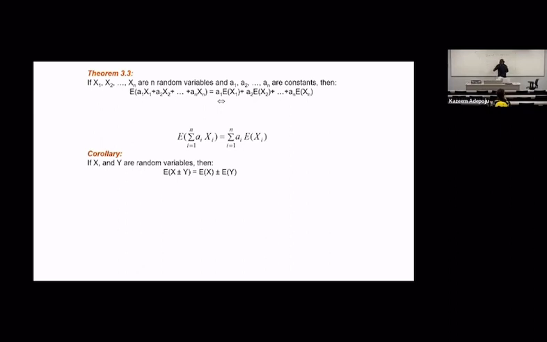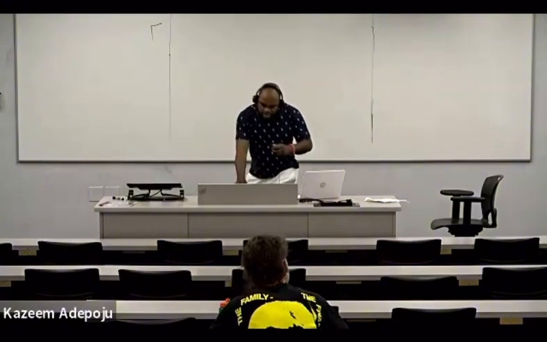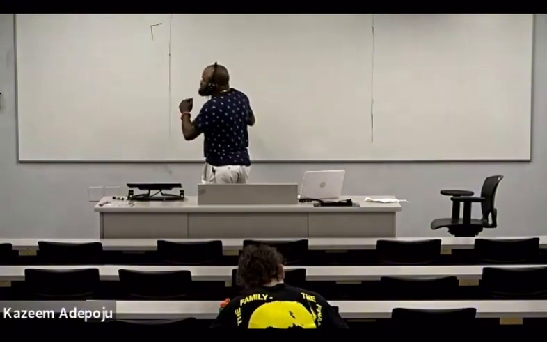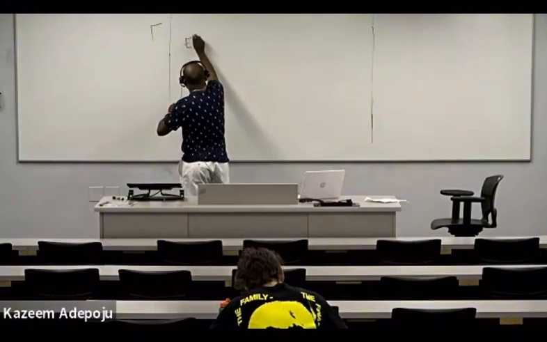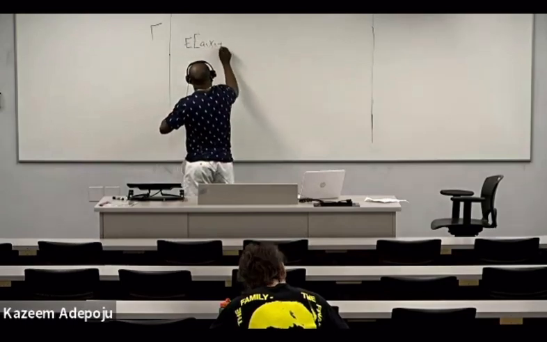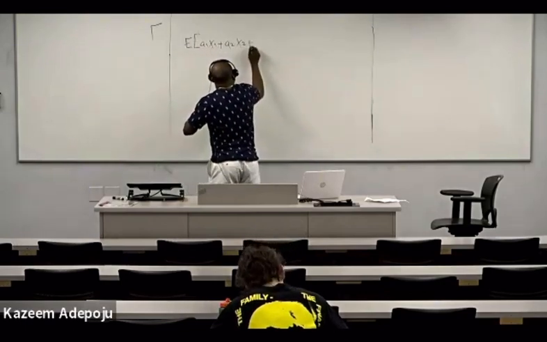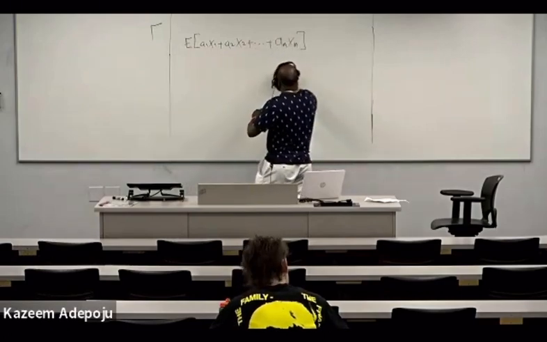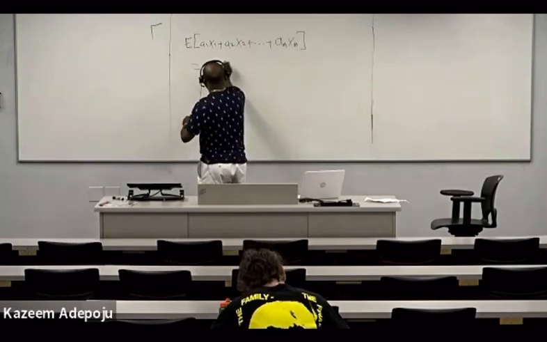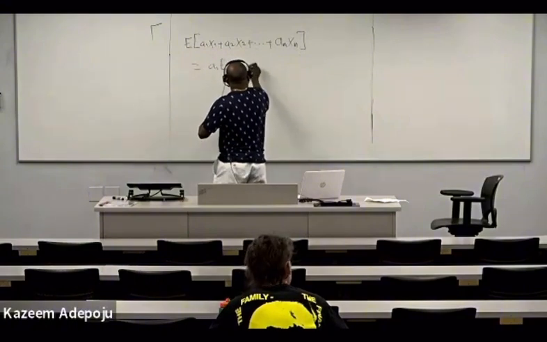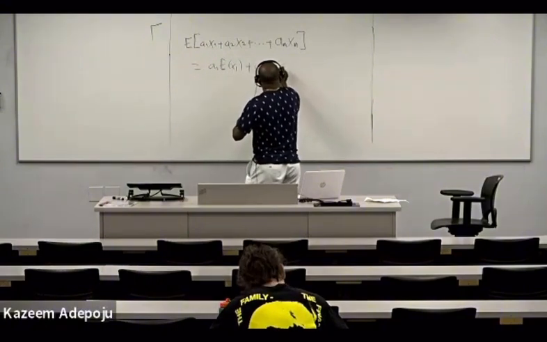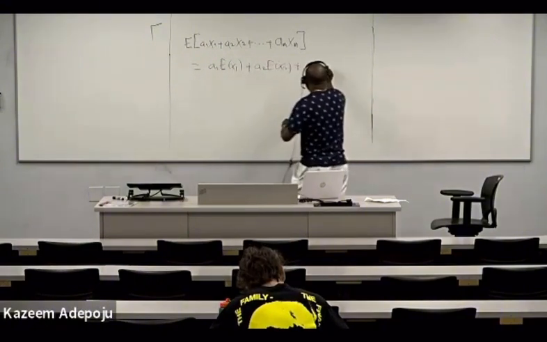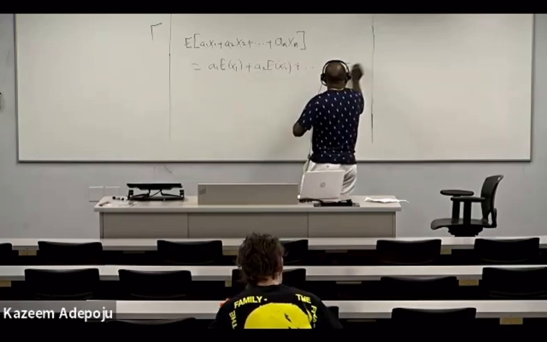So what I'm trying to say in essence is that expected value of a1 x1 plus a2 x2 until you get to an xn is the same as a1 expected value of x1, a2 expected value of x2, until you get to an expected value of xn.